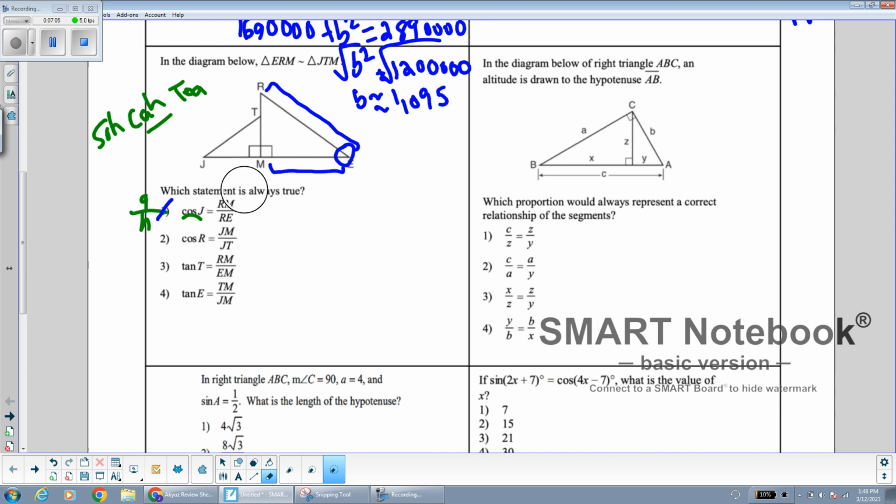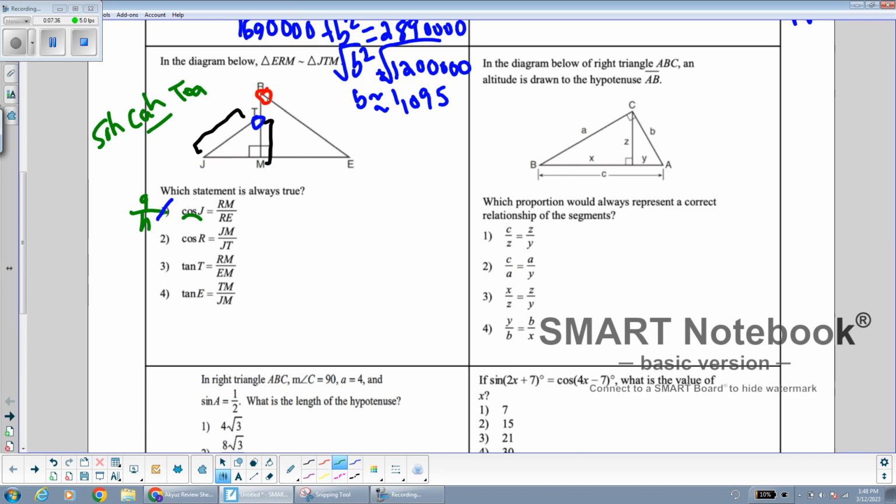Let's reset and let's take a look at the other choices and see which ones are true. Once again, we're talking about cosine, but this time of angle R. So cosine of angle R is going to be the same thing as cosine of angle T, because they're corresponding angles of similar triangles, and the sides are proportional in similar triangles. So from angle T, here's adjacent, and here's hypotenuse.